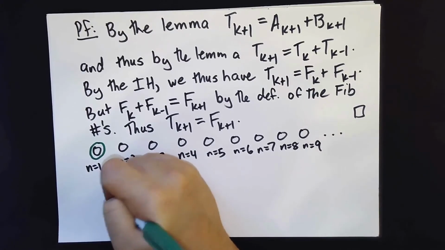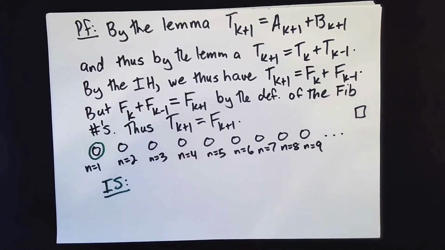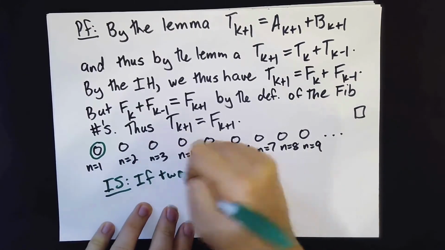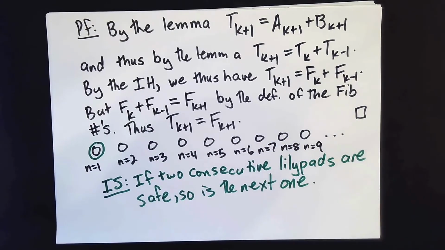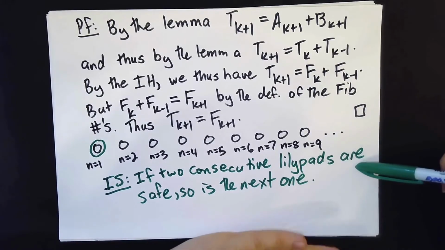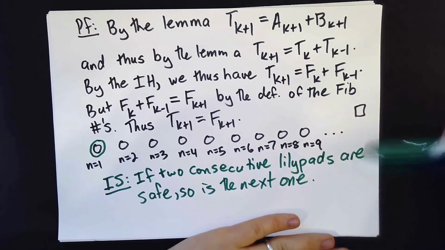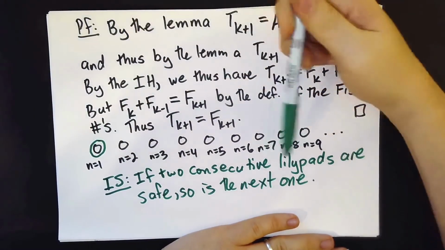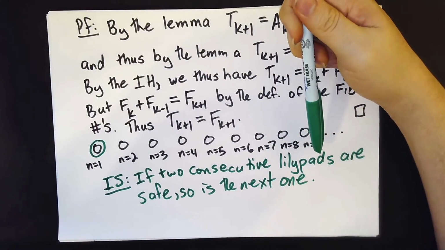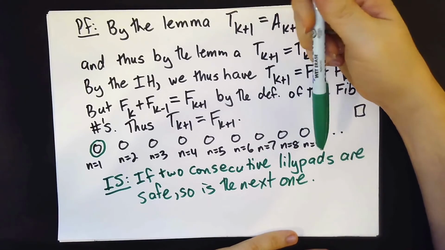Our inductive step here is basically, in terms of lily pads, if two consecutive lily pads are safe, then so is the next one. But if you look closely at this, it makes sense that one base case isn't enough. If we'd only done one base case, we wouldn't have had 2 consecutive lily pads to start with, and we couldn't have gotten the ball rolling.